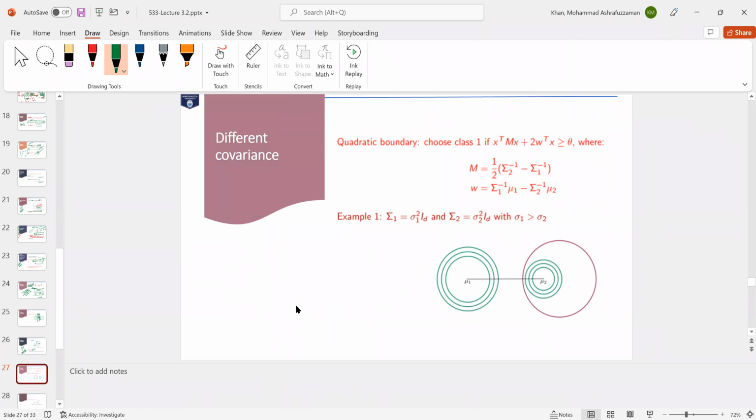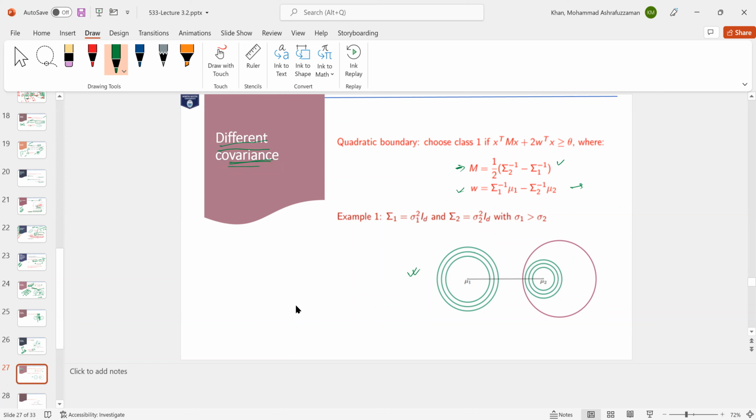Now suppose we have different covariances. In this case, they are independent, but they have different variance values. If that is the case, then this will not be 0 and this will not be 0. In that case, we may have a decision boundary like this.